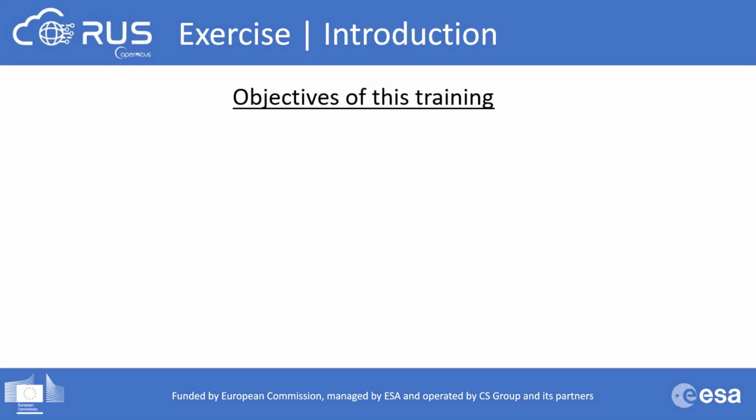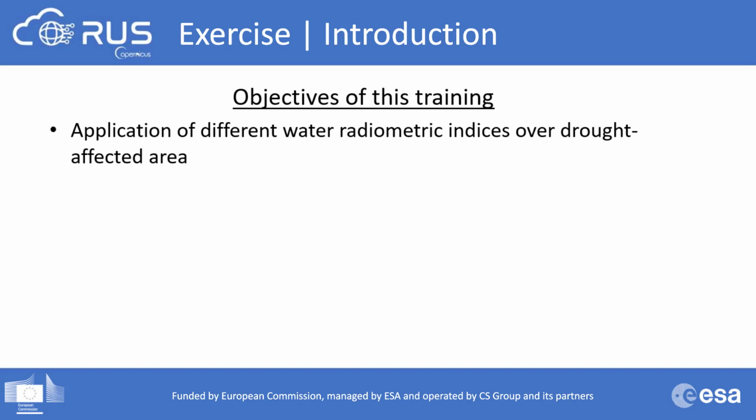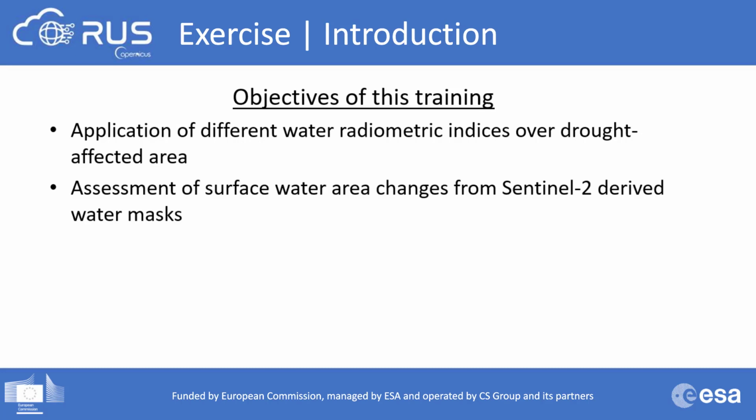The objectives of today's training are as follows: the application of different water radiometric indices over a drought-affected area, and assessment of surface water area changes from Sentinel-2 derived water masks. For the purpose of this training, we will apply the following software. We will use SNAP to perform all the analysis.